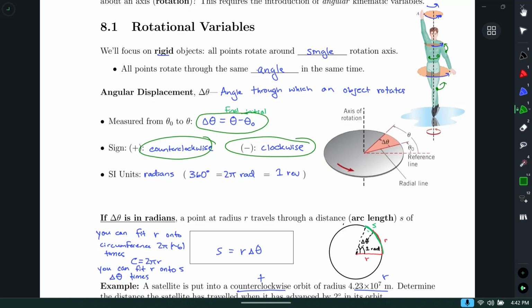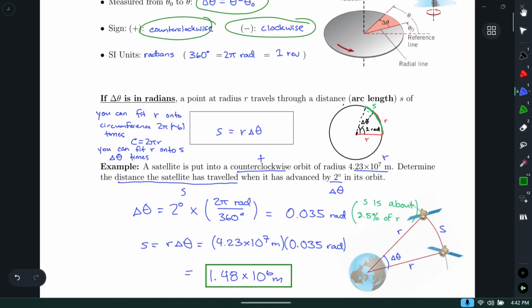And so you have to account for a different number for every single point on this guy's body. Or the alternative is all those points can agree on the angle they rotated through. It will be one number describing every single point on him.